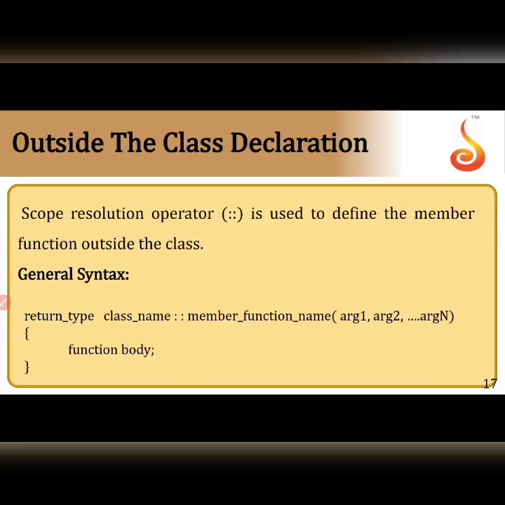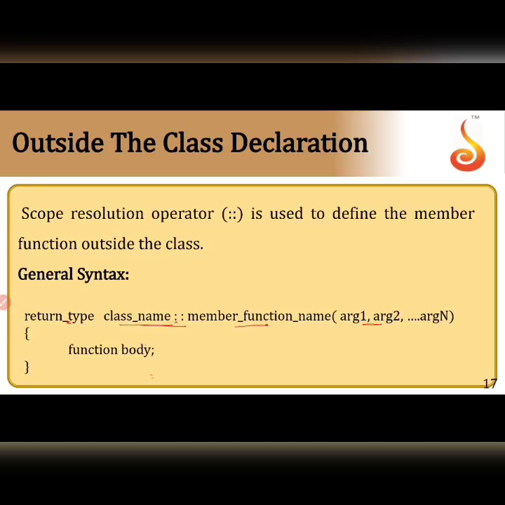Fine. The general syntax, how do I do that? The return type of the function, the class name to which it belongs, the scope resolution operator, the function name, the argument list if any, and then the body of the function.